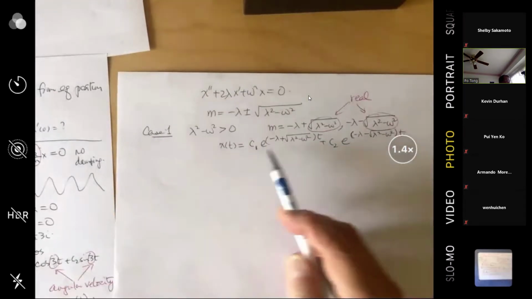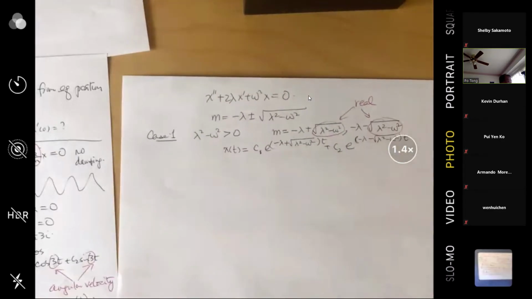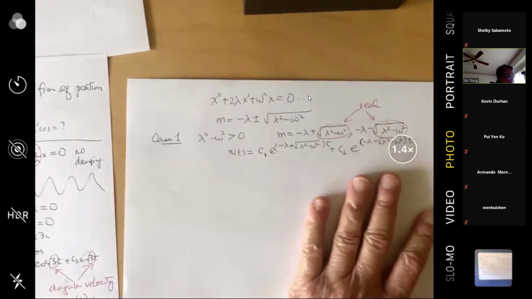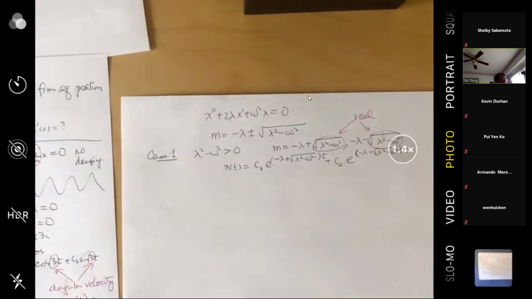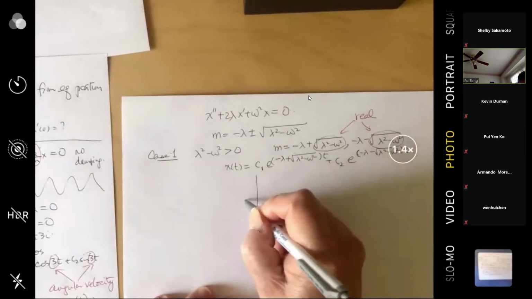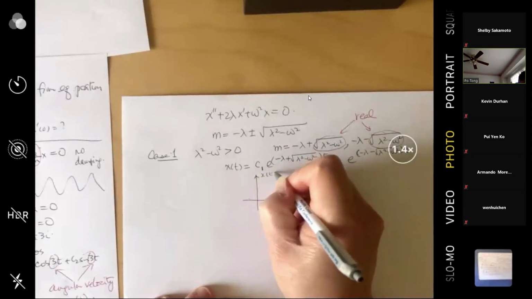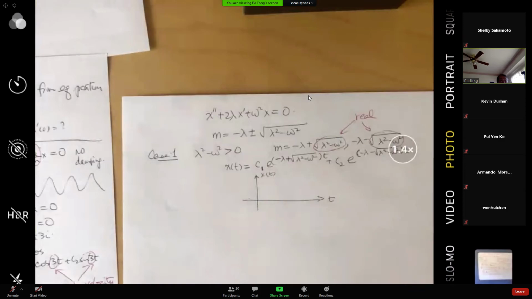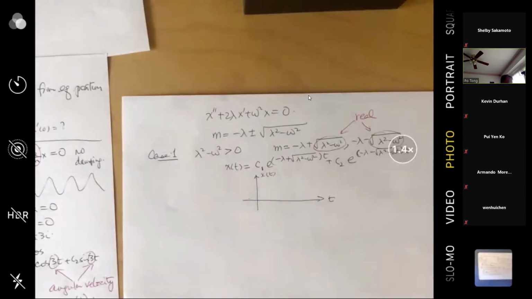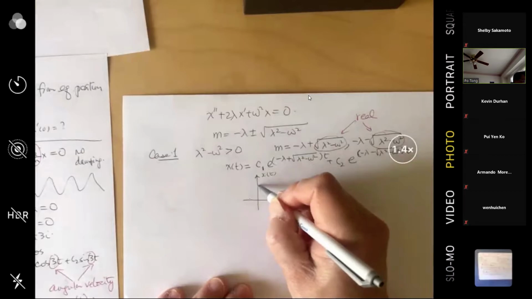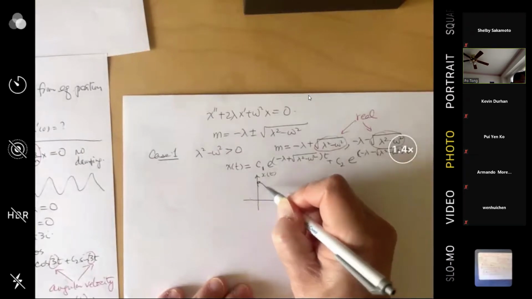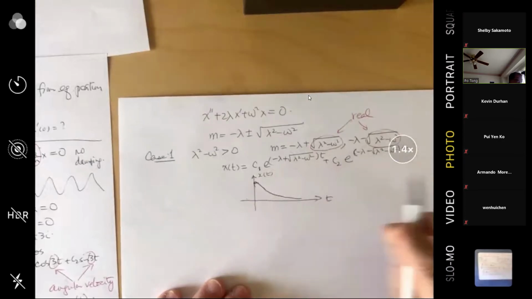You can determine C1 and C2 by putting in the initial condition. What I'm trying to say here is that the picture is going to look like that. Depends on where you start and so on. So it either immediately goes down and just approaches zero.